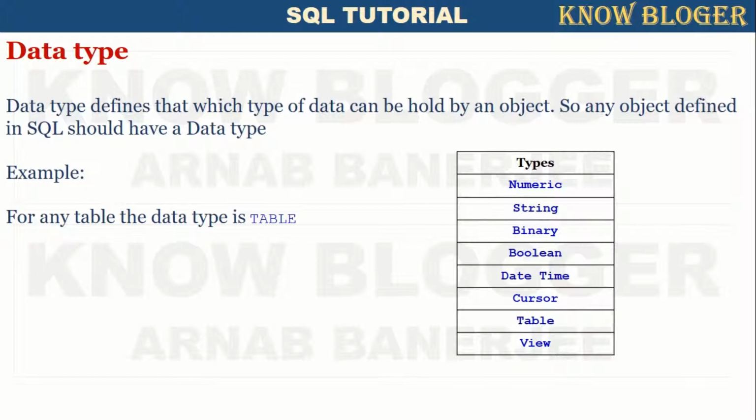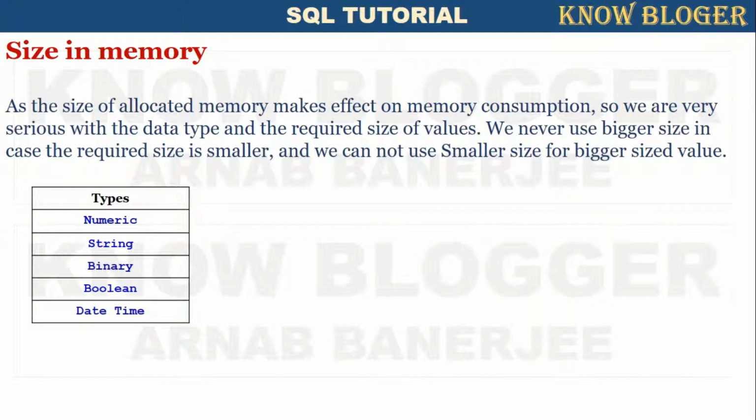I will come to all the data types step by step, but first we need to understand the size. As the size of the allocated memory affects memory consumption, we are very serious about the data type and the required size of the values. We never use a bigger size if a smaller size is required, and we cannot use a smaller size if the required size is bigger. So to maintain this size and the type of the values, we have different data types.